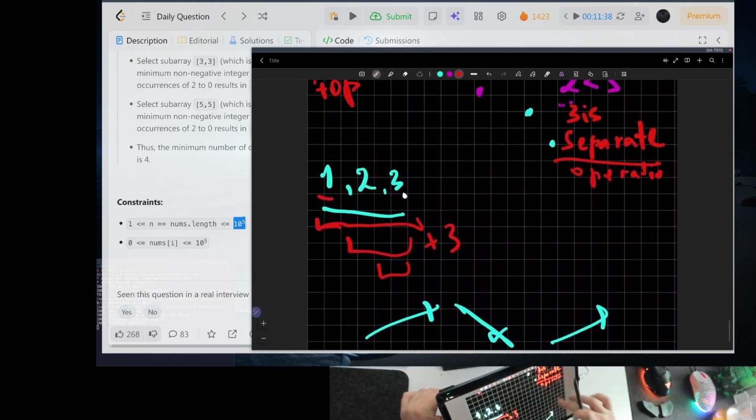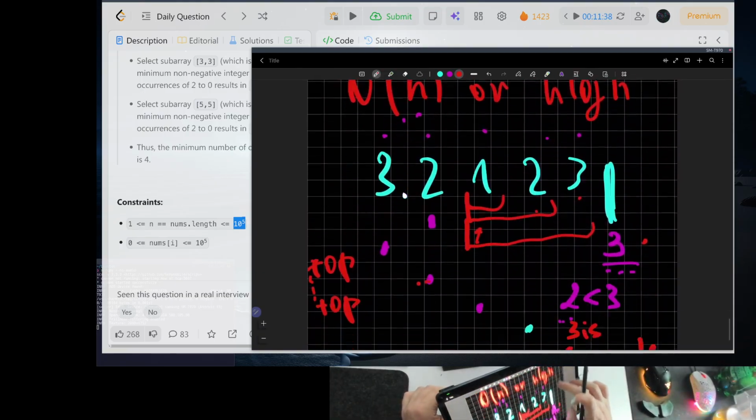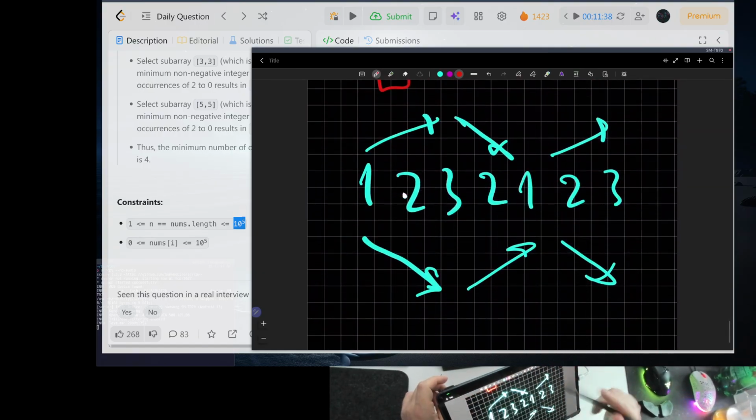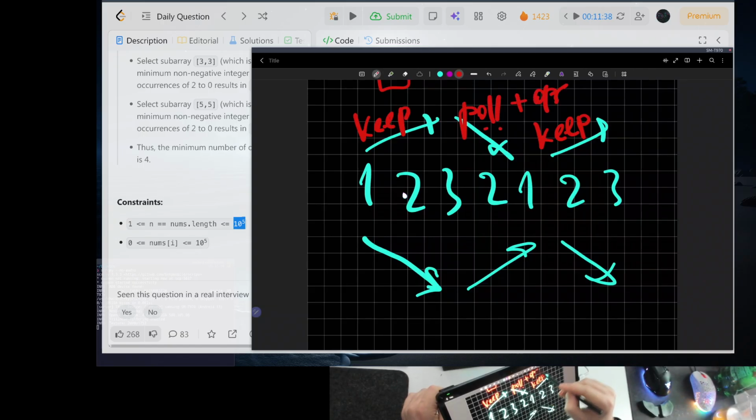So what does it tell us? Our intuition is that we keep the numbers as they are increasing, and if they're decreasing, we pull them from our memory and increase the number of operations.